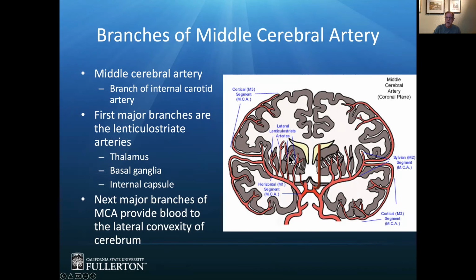And here is the internal capsule. Knowing about this and the importance of that internal capsule can account for why people can have strokes that just involve this area, and not out here, like their motor strip is fine and their sensory strip is fine, and yet they can have a hemiparesis and a hemi loss of sensation also, and a visual field loss, a hemianopia.